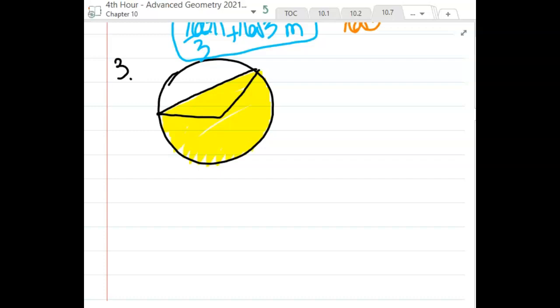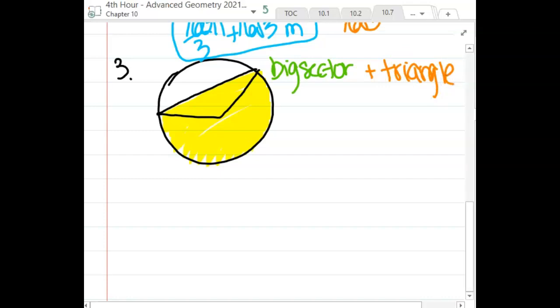There are other ways to do this, but I think probably the simplest way is that I have two pieces I'm looking for the area of. I'm looking for the area of this big sector here, which I know how to find. If I find the area of the big sector, the only piece I'm missing is that triangle. So then we are going to add the area of the triangle, similar to the last one.